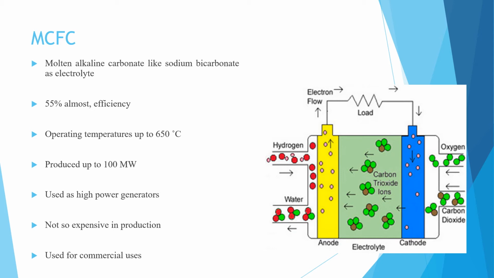They would probably be too hot for home uses. Also, carbonate ions from the electrolyte are used up in a reaction, making it necessary to inject carbon dioxide to compensate.